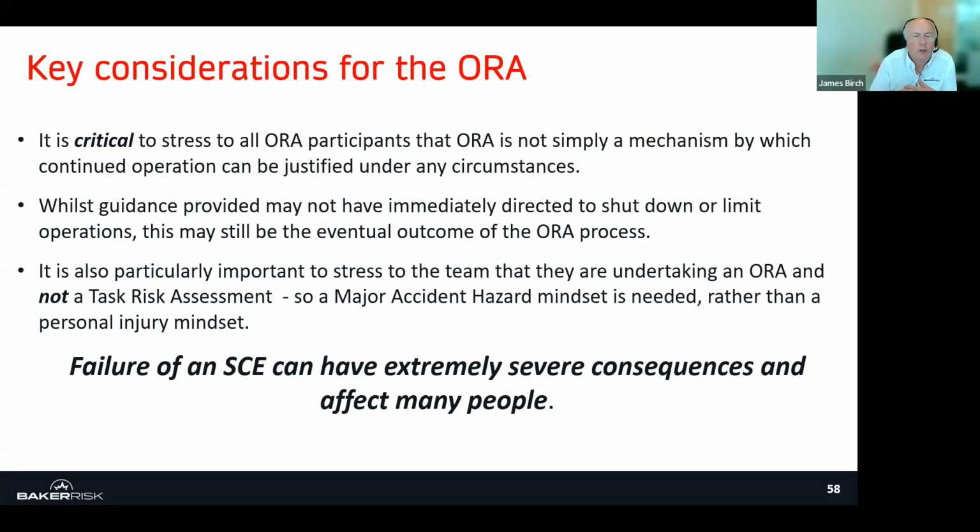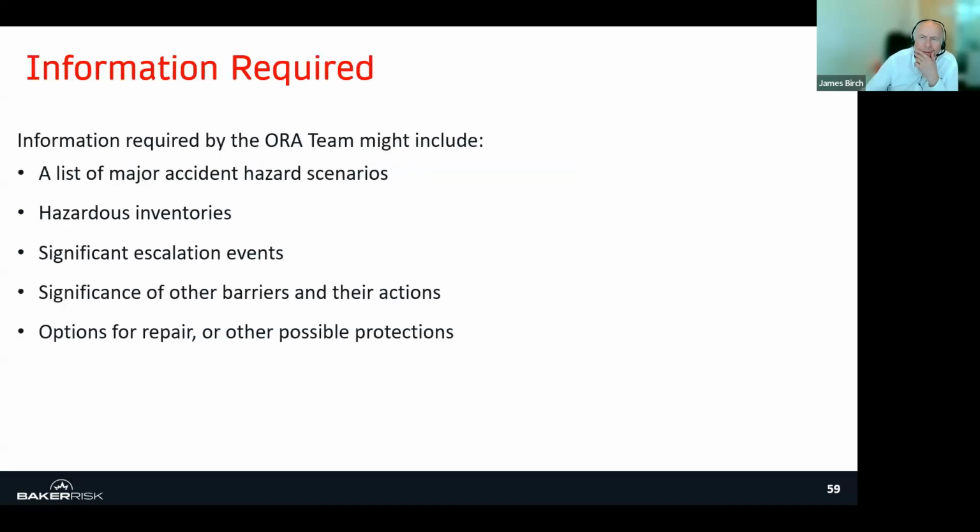This isn't a job safety analysis or perhaps a permit for a replacement task. We need to give that team the right information so they understand the significance of this, what could happen, how bad it could be, and any options perhaps for repair.